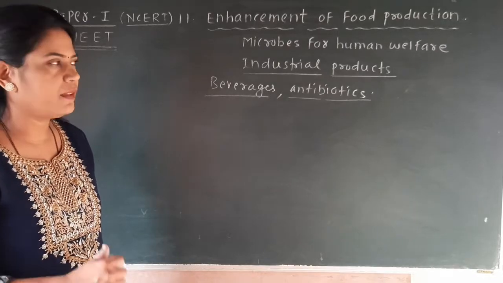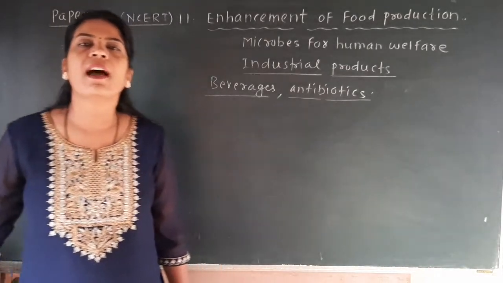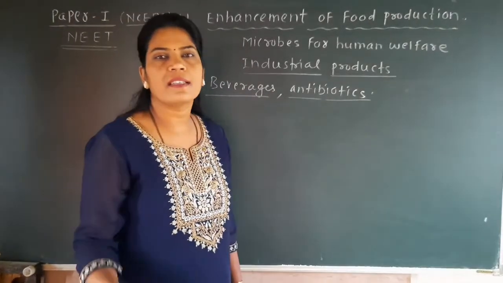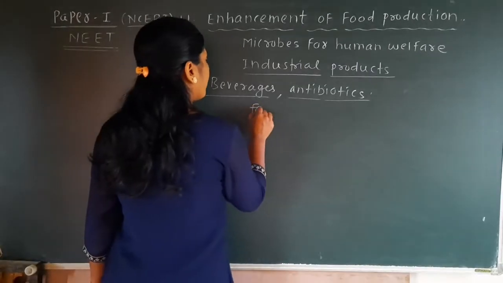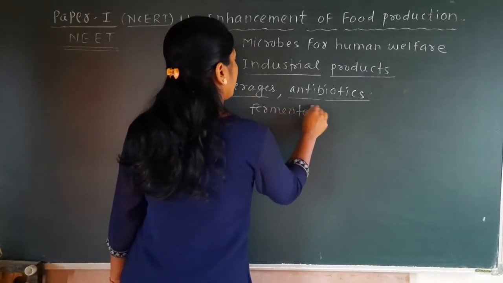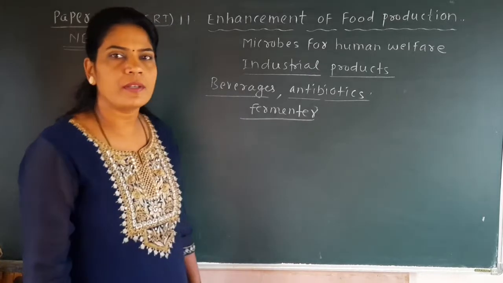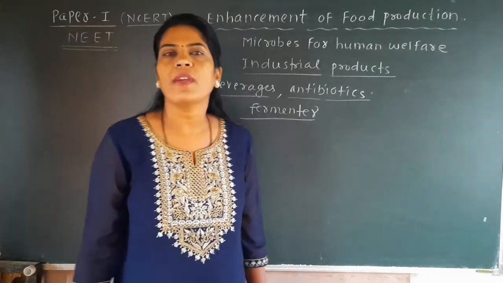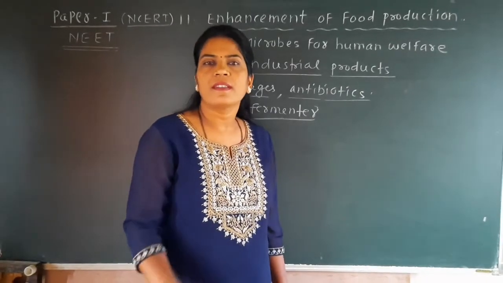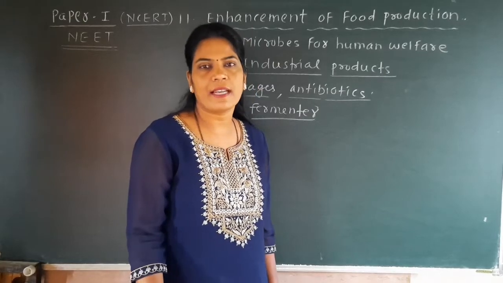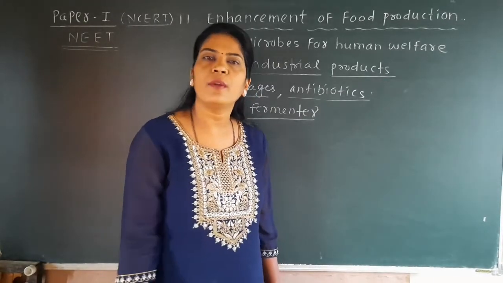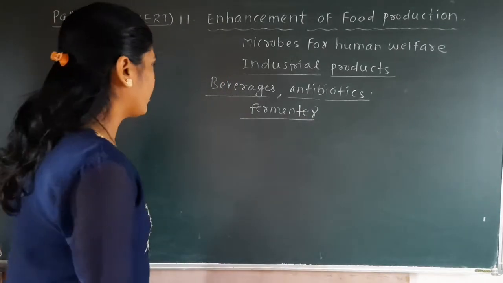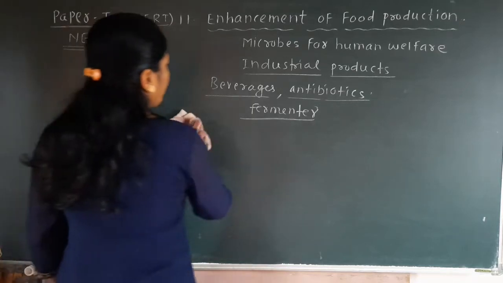And for the production of these beverages and antibiotics, a large container is responsible, and that large container is called a fermenter, a large vessel in which the growth of the microbes as well as production of the products takes place, and we already discussed that. Tubular fermenter tower is the name of that fermenter. We have seen how it is used for the production of these products. So first we will see the beverages.